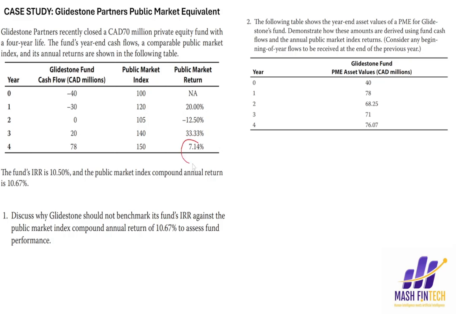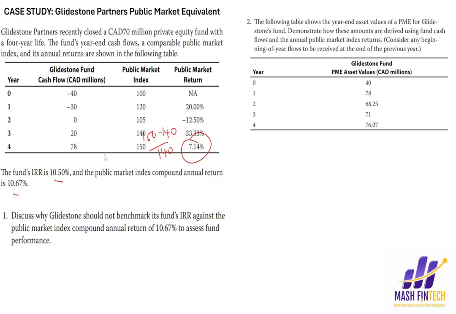Like if you want to see this 7.4, it's simply 150 minus 140 over 140 times 100. That's 7.4. That's how they get these returns here. The internal rate of return for the fund is 10.5%. And the public market index compound annual return is 10.67.